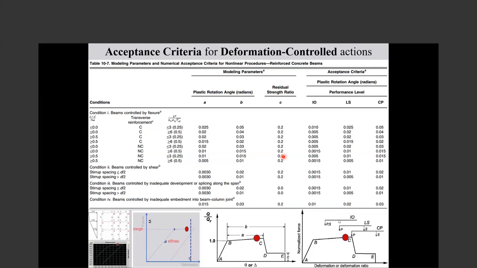Please give us information about the beam column joint modeling in nonlinear static procedures. In general, the approach in these existing building codes is they give you minimum requirements and the tools, but for much more advanced modeling. For example, in the chapter on reinforced concrete, it mentions that you can model the beam column joint as rigid.